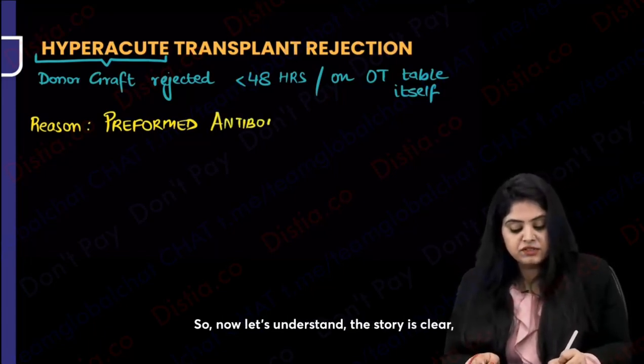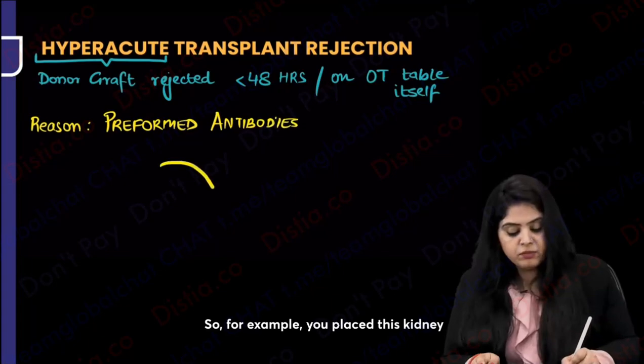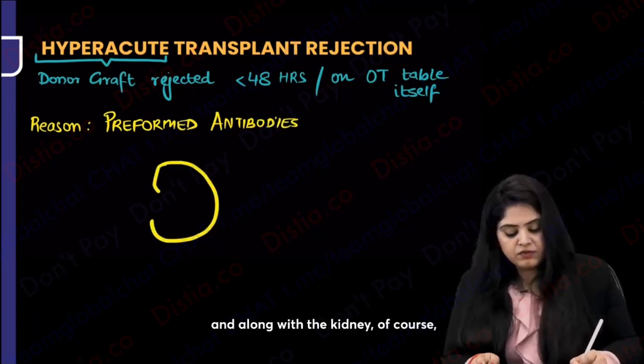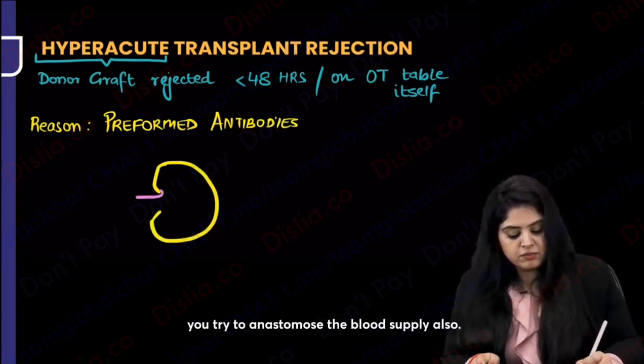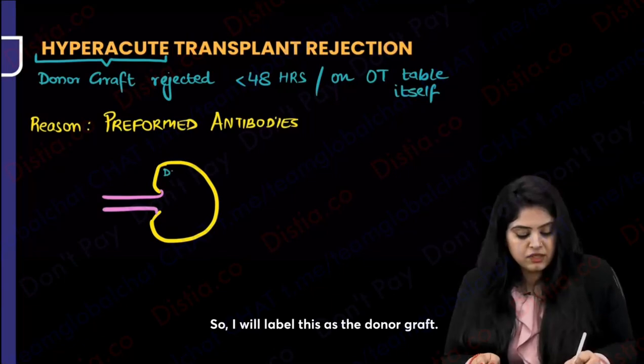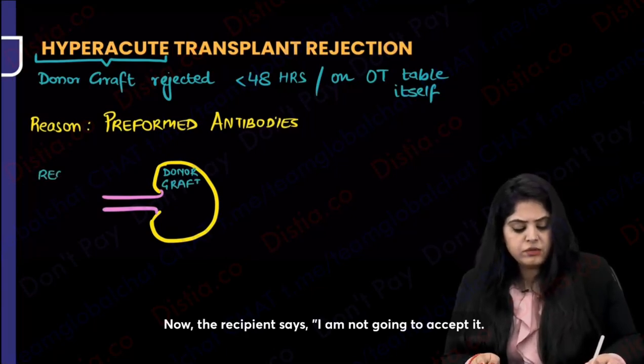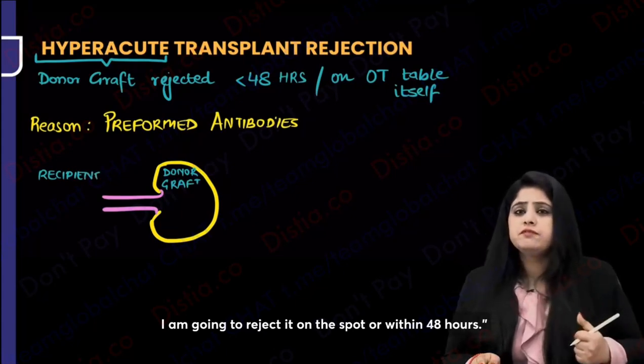So now let's understand. The story is clear, but we need to understand the logic behind it. For example, you placed this kidney, and along with the kidney, of course, you tried to anastomose the blood supply also. This is the kidney that you've placed, so I'll label this as the donor graft. Now, the recipient says, I am not going to accept it. I am going to reject it on the spot or within 48 hours.